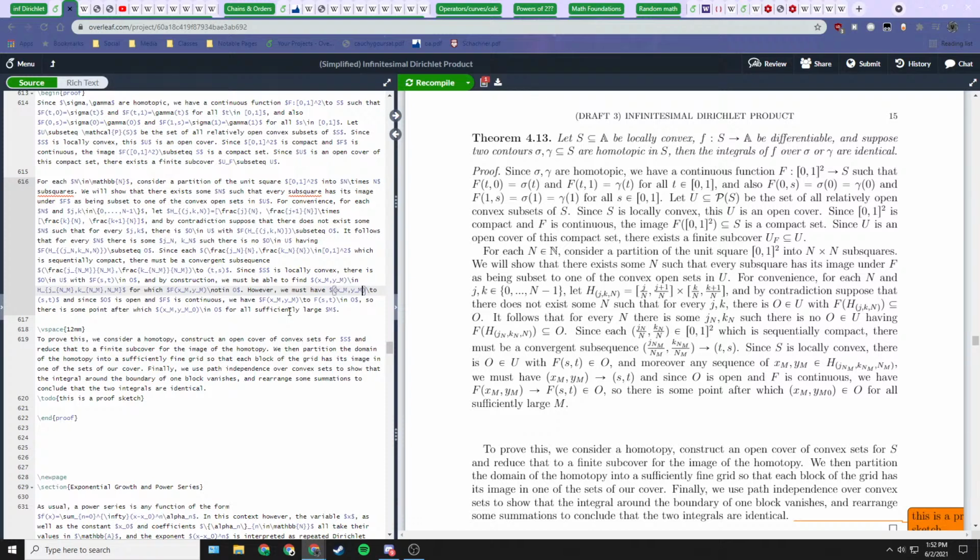So we must have (x_m, y_m) going to (s, t), and since f is continuous, we have f of (x_m, y_m) going to f of (s, t), which is in O, but O is open.